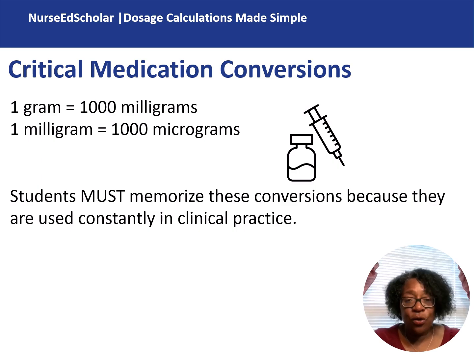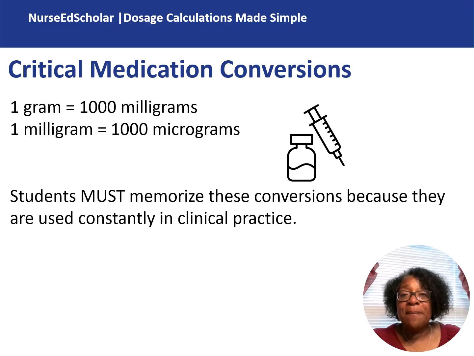And it comes to this, when you're looking at medication conversions, students have to memorize the conversions because they're constantly used in clinical practice. 1 gram is not the same thing as 1 milligram. Okay, 1 gram actually equals 1,000 milligrams. So you have to know that a gram is larger than a milligram. And 1 milligram is not the same as 1 microgram.